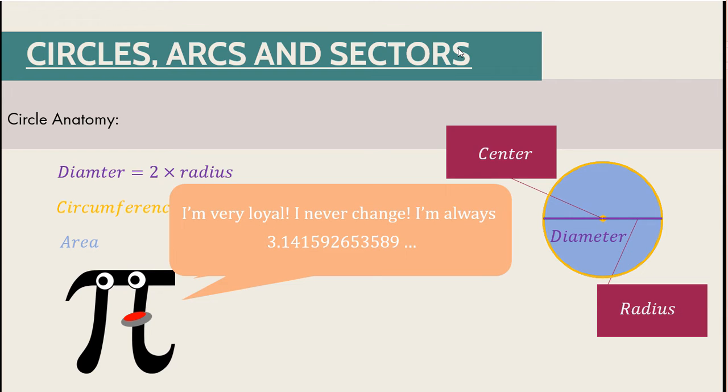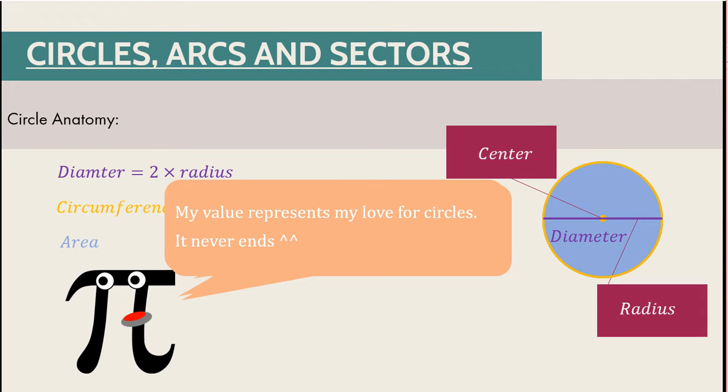I'm always 3.14159265358 and 9. And actually, the digits go on forever. The number pi has infinitely many digits. My value represents my love for circles.